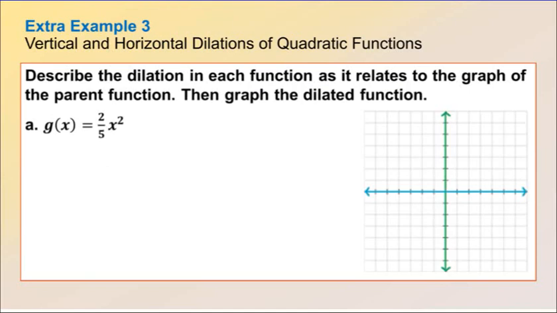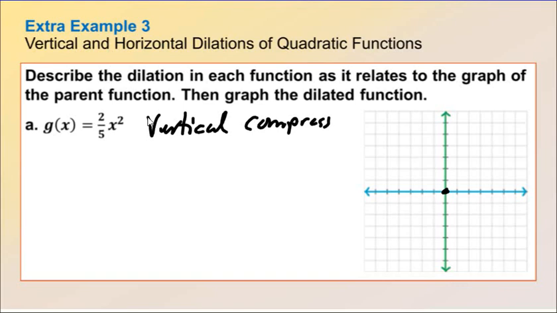Next, we're going to describe the dilation and then graph it. So here it's not with the x because there's no parentheses. So this would be a vertical dilation. 2/5 means it's less than 1, so this would be a compression. If I were to graph this one, normally my vertex is at 0, 0.